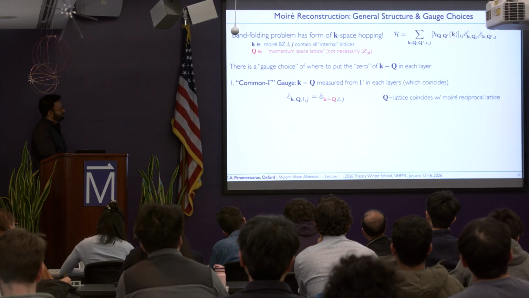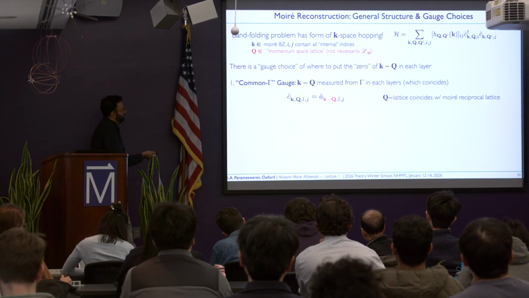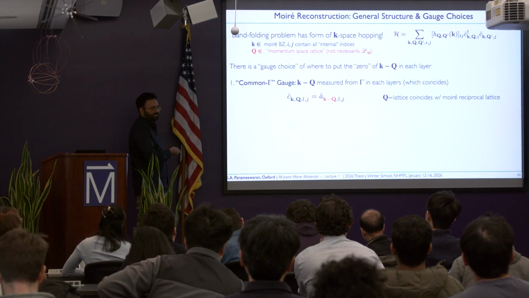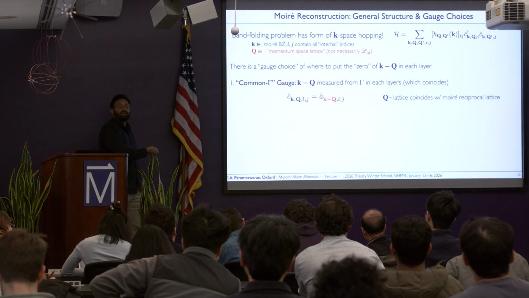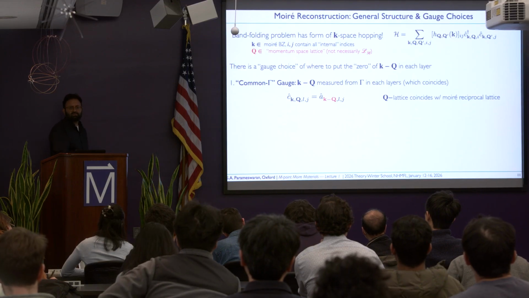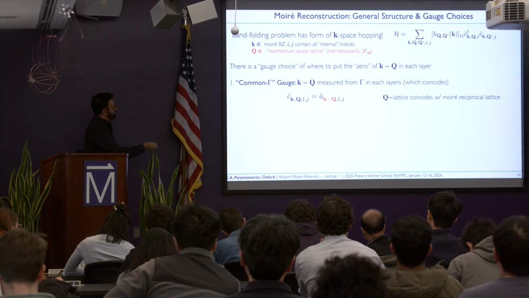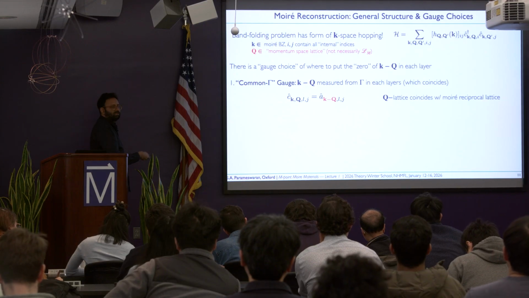The common choice, which is what I often do numerically when doing these kinds of calculations, is to just pick K minus Q from the gamma point in each layer. Then every layer will agree, and at this level we can impose some symmetries and put the same gamma point for all the layers.